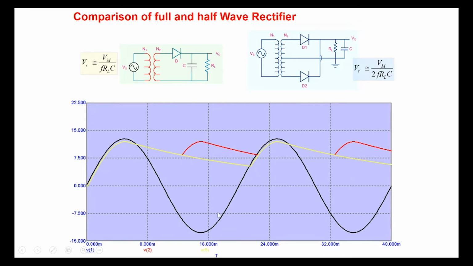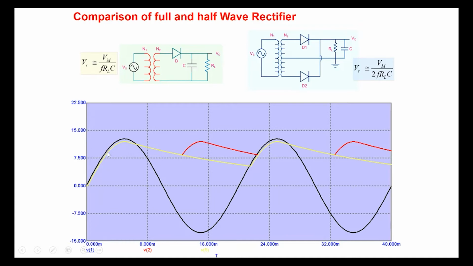In black, we have the input sinusoid. In yellow, we have shown the half wave rectification. The diode charges up here, and since there is only one diode, it keeps on discharging for almost the entire period, till the input rises greater than the output voltage, and then the diode turns on. In this particular case we have two diodes, one on in the positive cycle and one in the negative cycle.